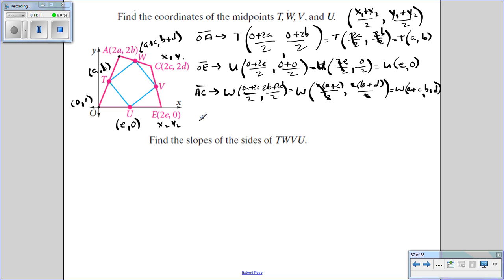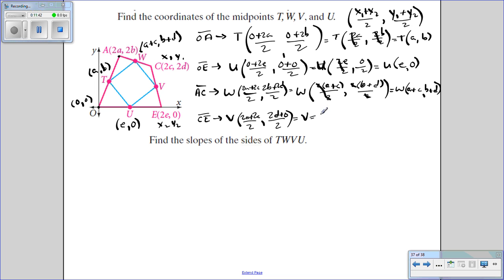So I'm finding the midpoint of segment CE, which is labeled as point V. So again, we're going to plug all this into our formula for midpoint, which is up here. So on the top of this part would be 2C plus 2E. And over here we have 2D plus 0.